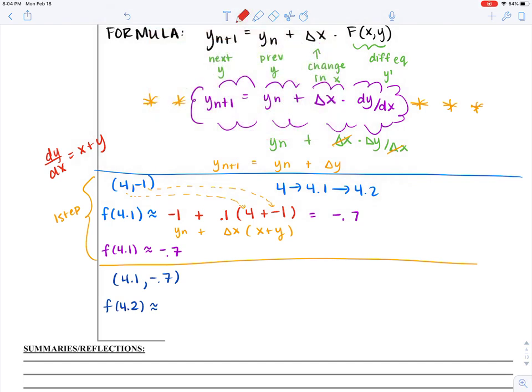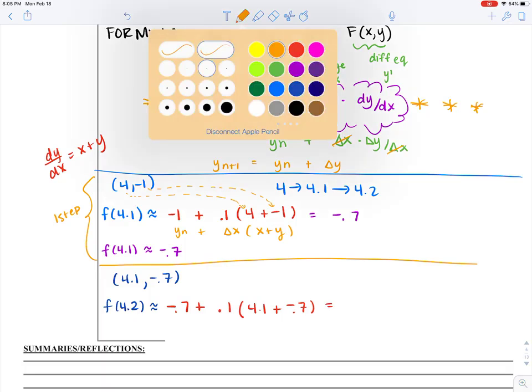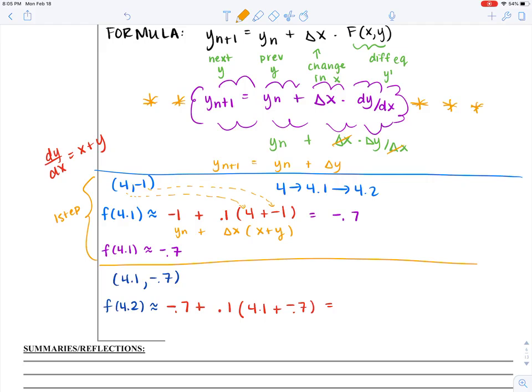So I'm going to take my previous y value plus delta x times the derivative using the point that I'm coming from. So x plus y. Now, the number one mistake that students make when they're doing these kinds of problems is that they try and use 4.2 in this equation.